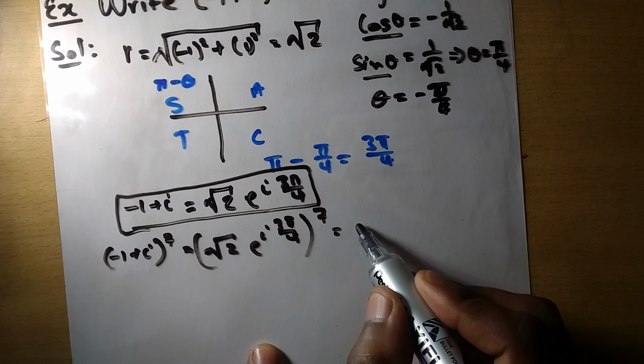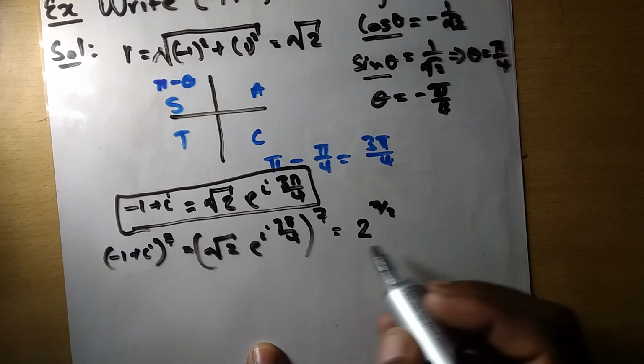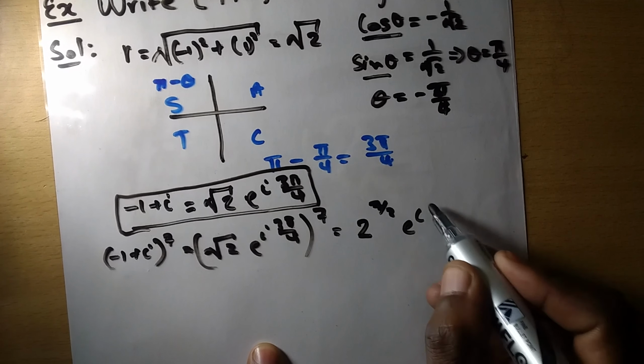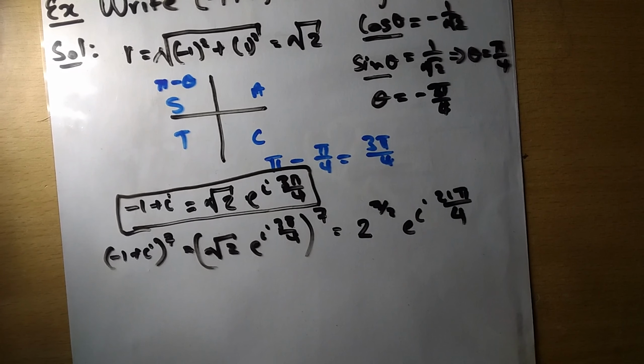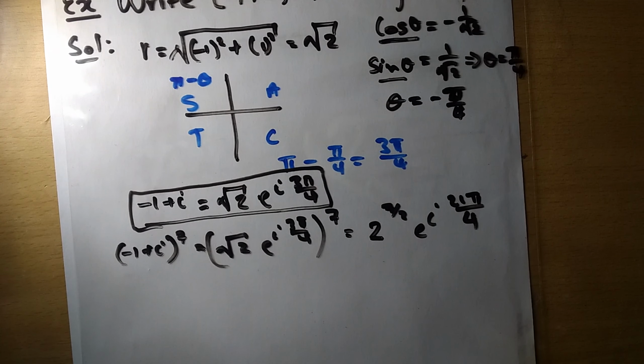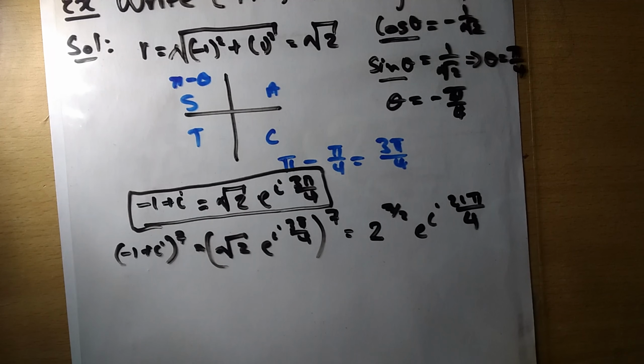So what I mean is, here I can write this as 2 to the 7 over 2, and then have e to the I 21 pi over 4. Because I know that 21 is not divisible by 4. Now I'm going to do the same thing, try to find what this is from here.